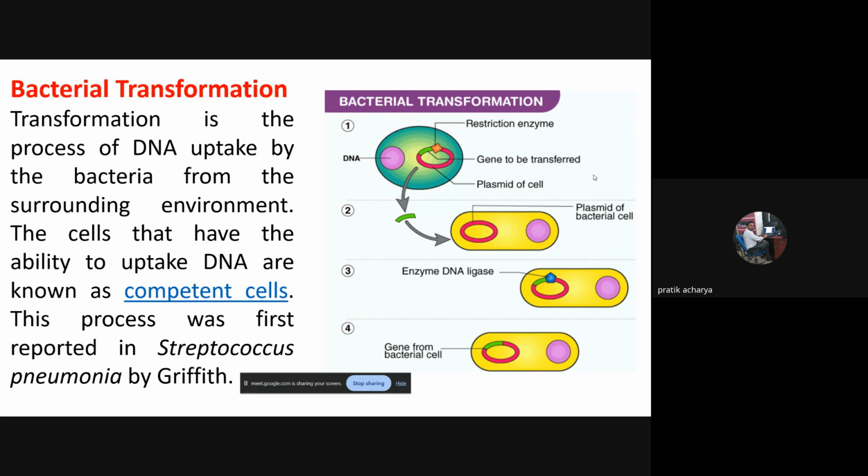Again, the question: the foreign DNA will be integrated into the plasmid DNA or nuclear DNA during the bacterial transformation process? Yes, sir, because the bacteria has plasmid DNA and nuclear DNA. Both are present in bacteria.